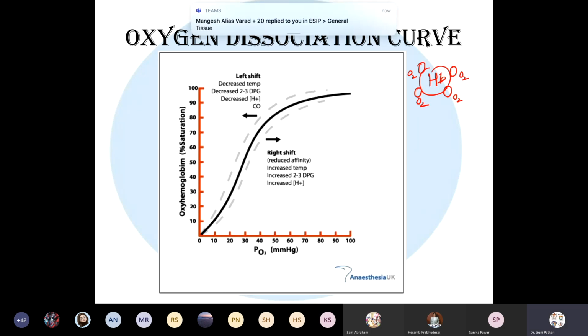At the time of tissue, the graph will shift towards the right. Is this point clear? Where there is an increase in the partial pressure of carbon dioxide in the tissue, the graph will shift towards the right. Is this clear, Yash? Ma'am, but when it shifts to the right side, it means that it has more affinity now.